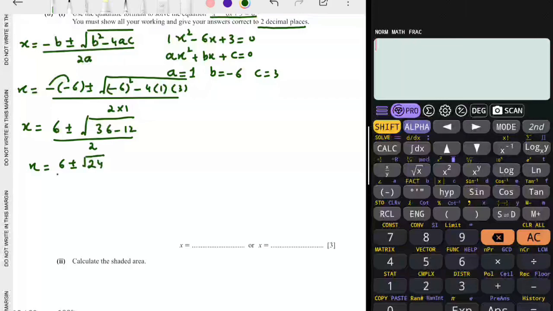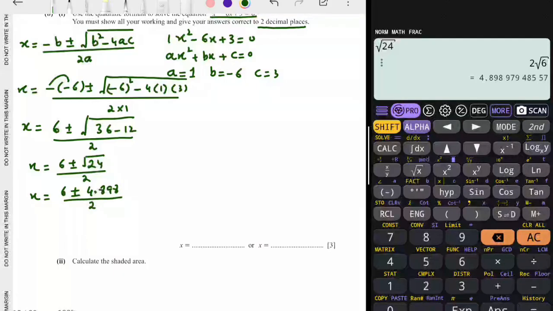So the square root of 24, and we can use a calculator for that purpose, would be 4.898. 6 plus minus 4.898 divided by 2.